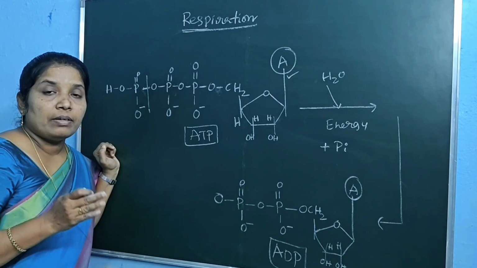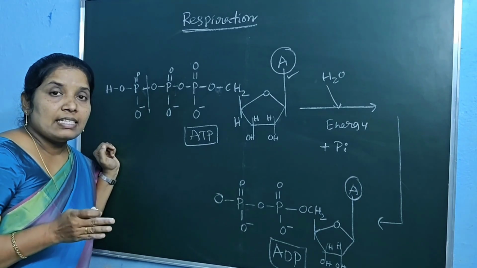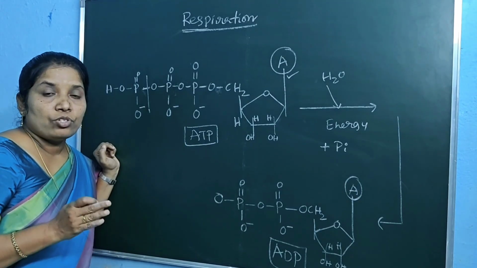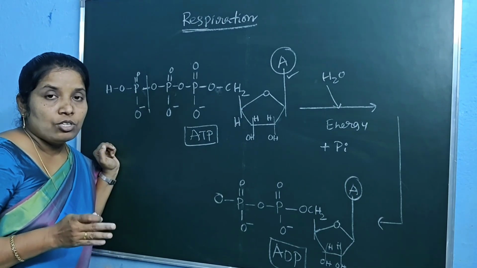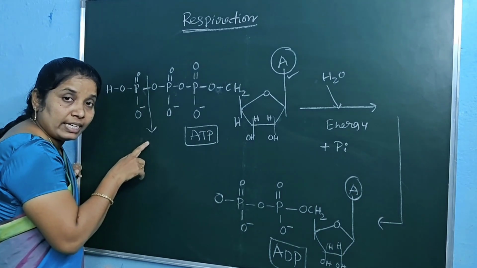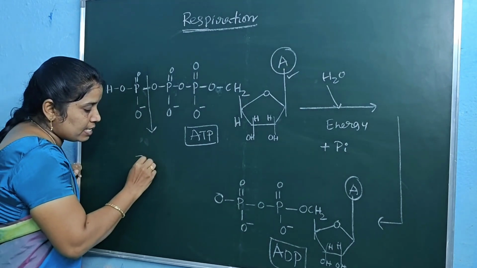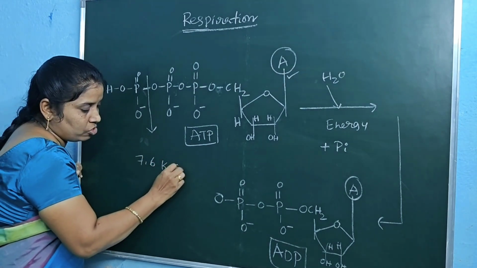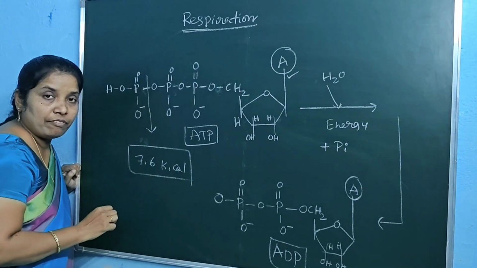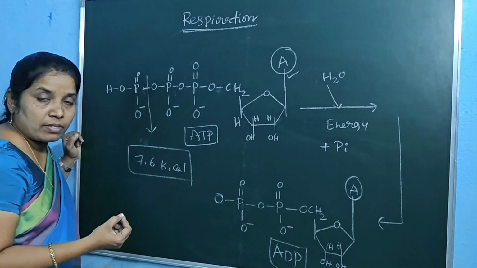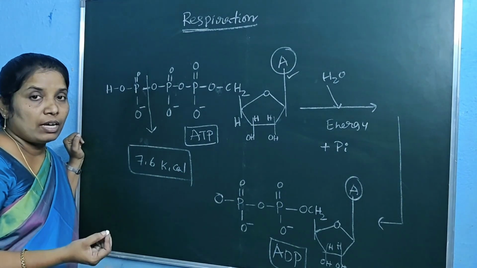When it breaks down, the energy will be released, and that energy will be utilized by the cell. It yields 7.6 kilocalories of energy, which is utilized by the cell for cellular processes.